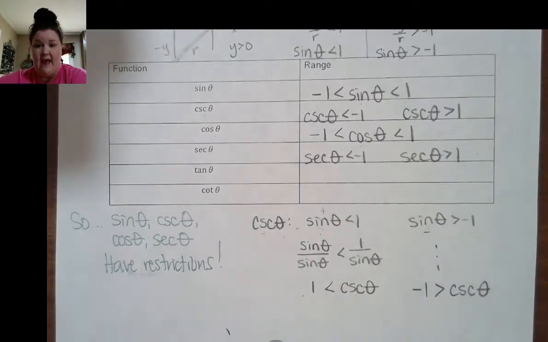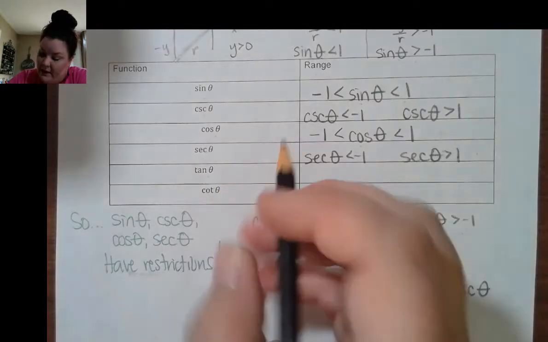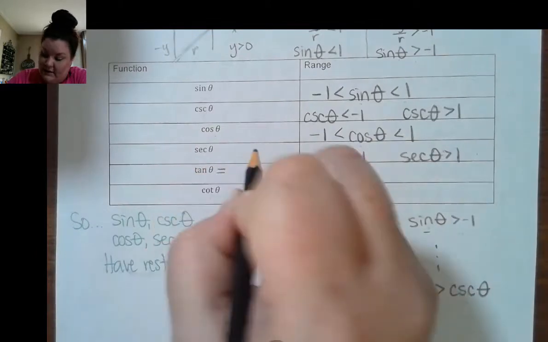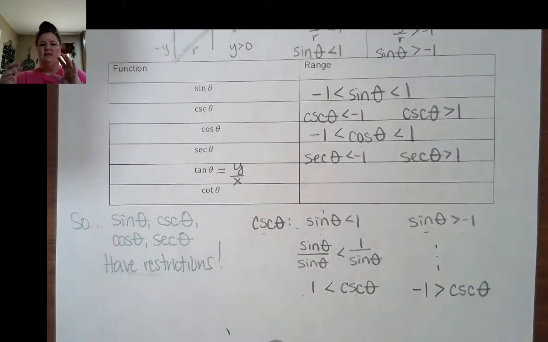They have range restrictions. But tangent and cotangent, that's a little bit different because remember what tangent is. Tangent is y over x, right? So we can't use this idea that y has to be smaller than x or x has to be smaller than y, because y could be anything, right? And x could also be anything. So if we divide any kind of positive or negative number by any other kind of positive or negative number, we're going to get a whole range of different outcomes, right?